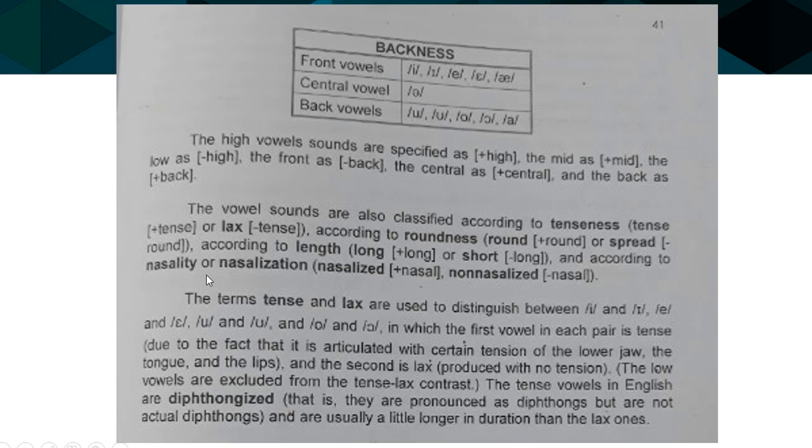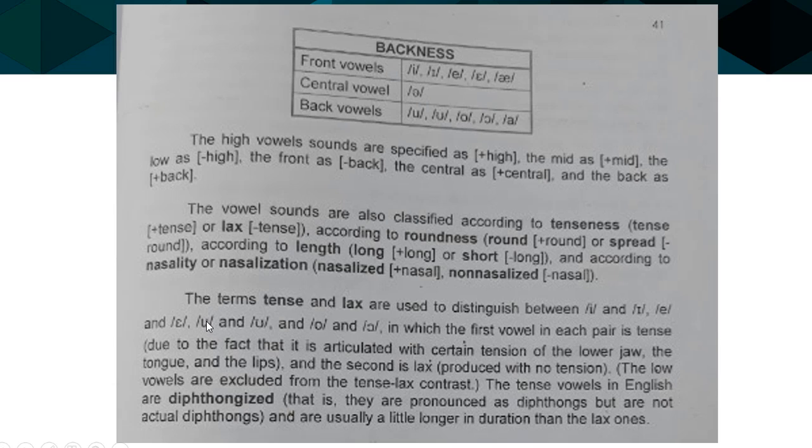And according to nasality, or nasalization, they can be plus nasal or minus nasal, okay? You can also say nasalized or non-nasalized. The terms tense and lax are used to distinguish between [i] and [ɪ], as I explained, [e] and [ɛ], [u] and [ʊ], [o] and [ɔ], in which the first vowel in each pair is tense, okay?